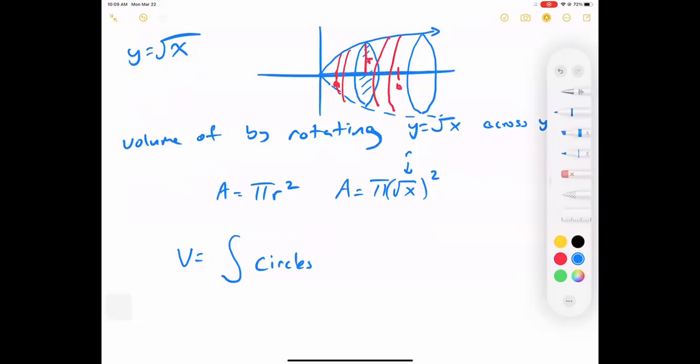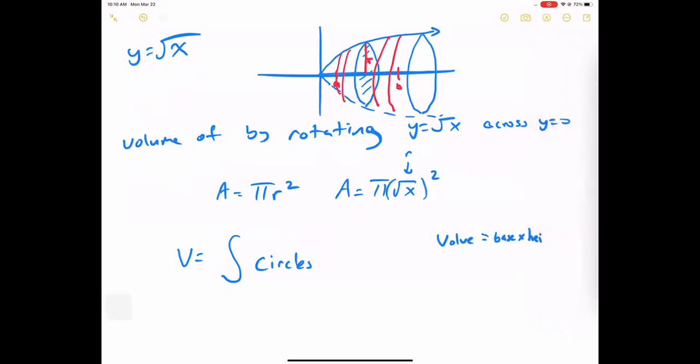How do we give these circles a volume? If you remember the equation for volume, volume is base times height from geometry. Our base is a circle. We just have to give this a little bit of width, a little substance. How big do we want it to be?